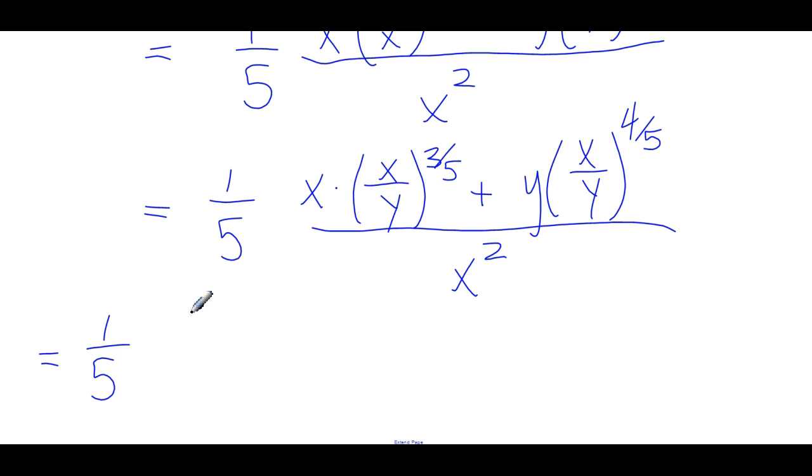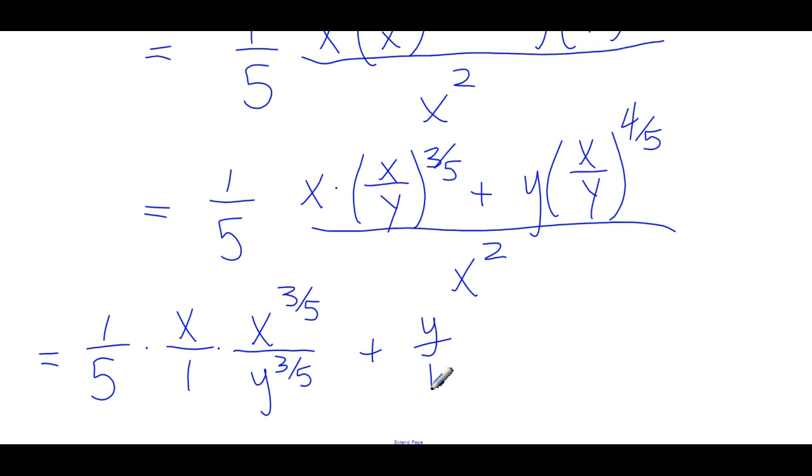I can break this apart and call this x over 1 times x, the power on the top I can associate to both pieces in the fraction. So this is x to the 3/5 over y to the 3/5. And then same thing here, plus, call this y over 1 times this piece right here, x to the 4/5 over y to the 4/5.